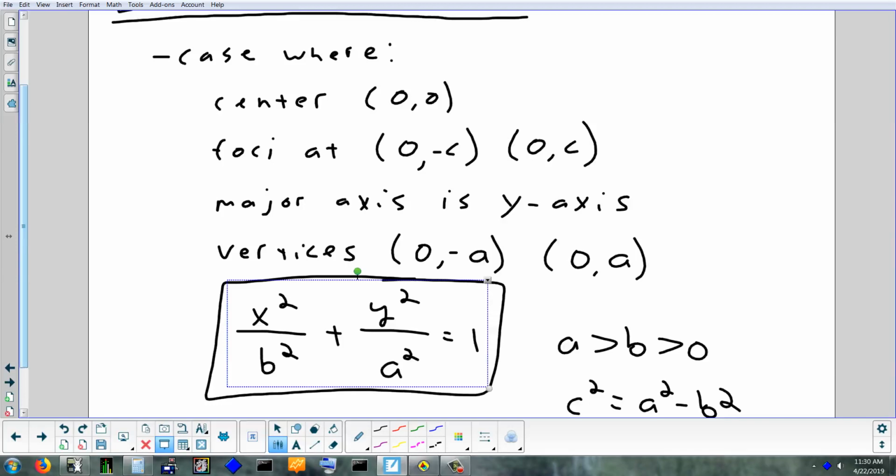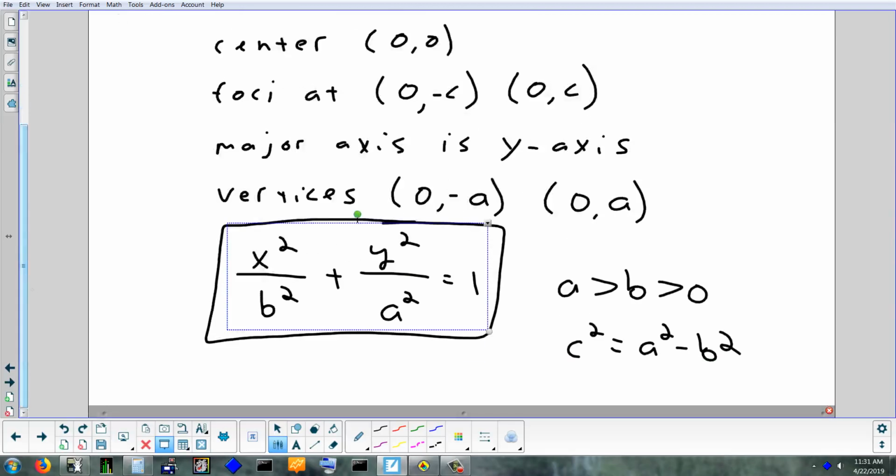Which is good in a sense, because then you don't really have a whole new formula to learn, but I think it can be a little confusing because they're so similar, it's very easy to mix them up. So you want to really make sure you understand ellipses first before you throw in hyperbolas. A is still bigger than b, which is still bigger than 0. And c squared still equals a squared minus b squared. All stays the same. All you've done is switch these two.